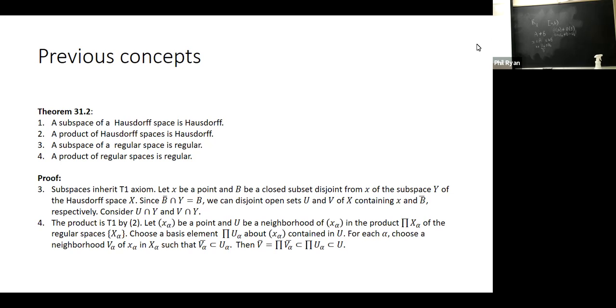We can find disjoint open sets U and V of X containing x and the closure of B. Okay, and now we just intersect those with Y, and they work as disjoint open sets of Y containing x and B. The closure of B intersect Y is just B, so that works.